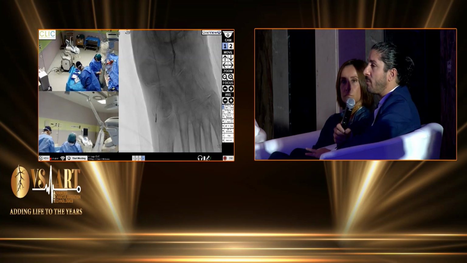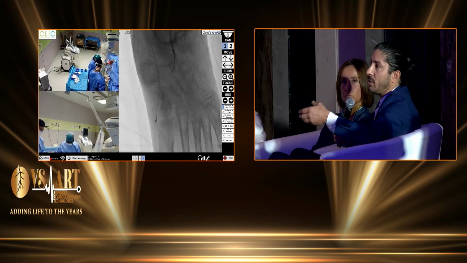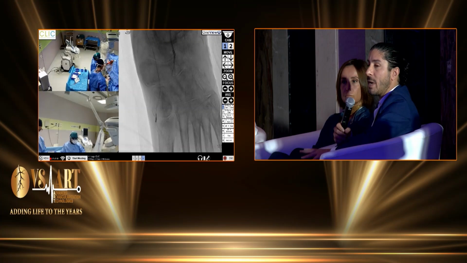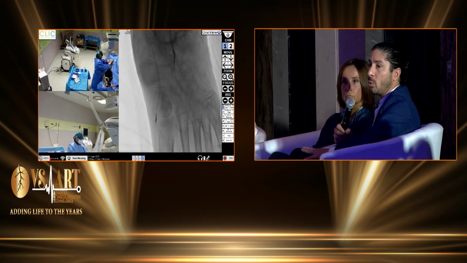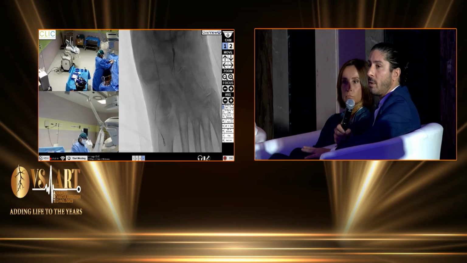My indication of use is young patients and retreatment. For example, a patient that is treated today and after 3 months is back with the same type of lesion that is not able to heal, I try to use DCB in those cases to try to improve the long-term patency results.